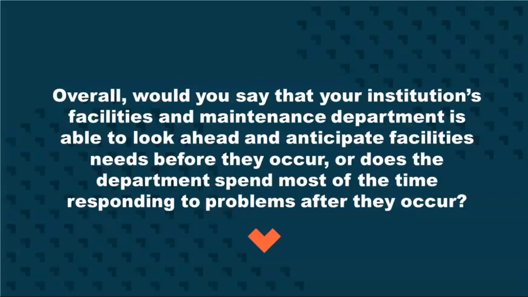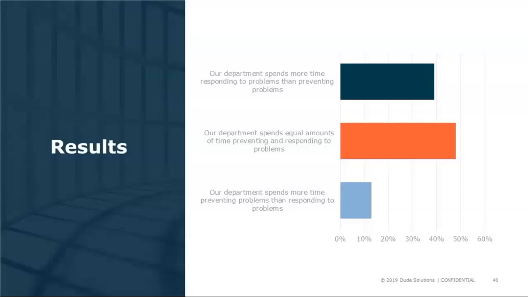We also dove into whether institutions, facilities, and maintenance departments are able to anticipate facility needs, or do they spend most of their time, not just cost, reacting to problems after they occur, or are they looking ahead to prevent that maintenance before it happens? The results were pretty much in line with what we had been seeing in the previous questions: departments are spending either equal or more time responding to problems than preventing problems.